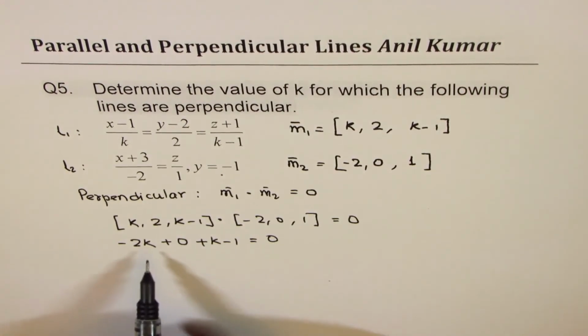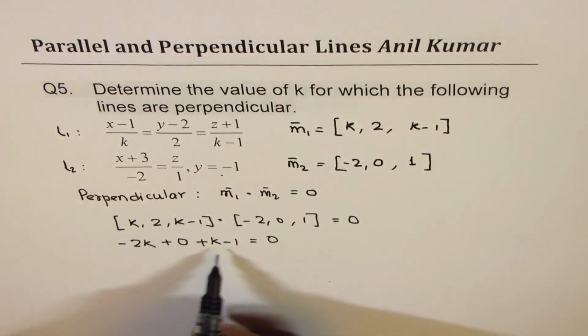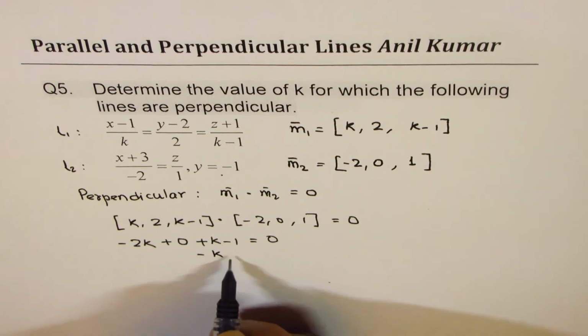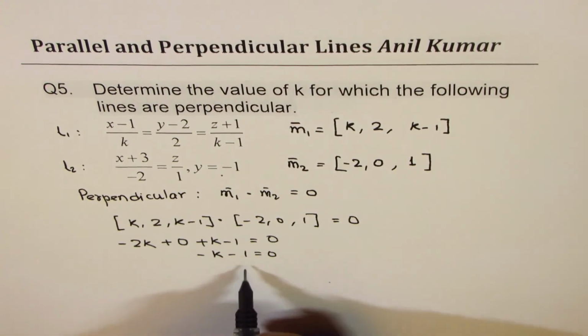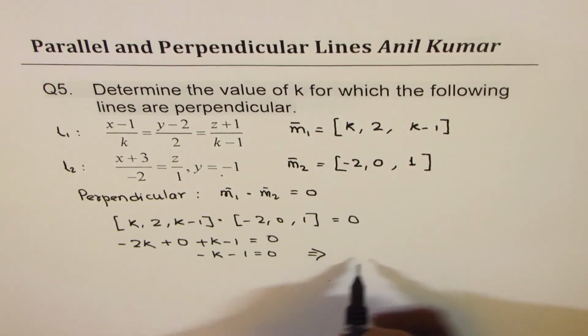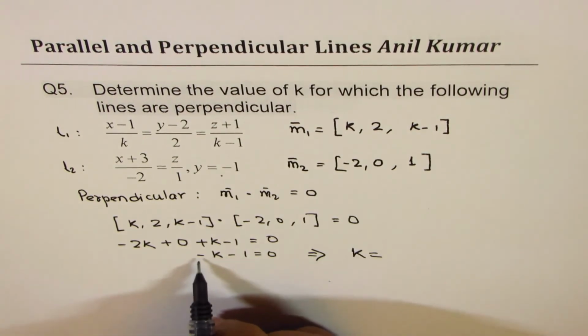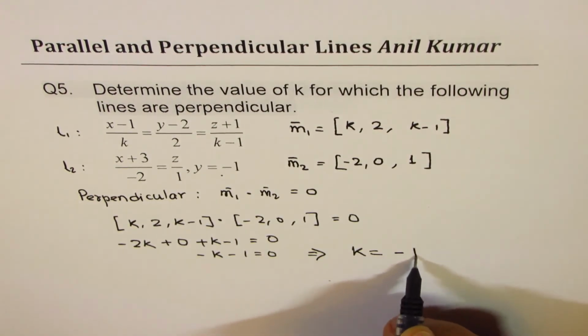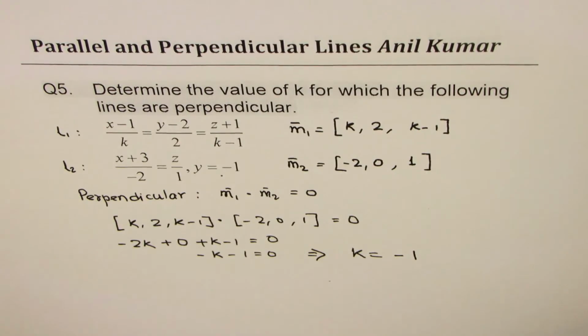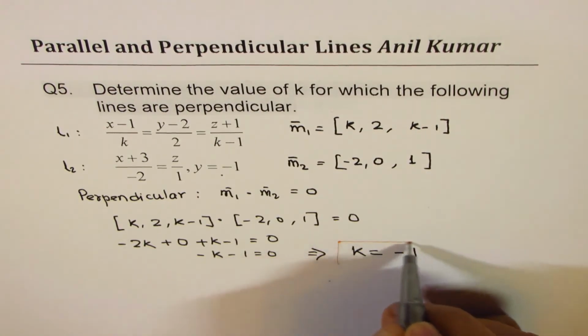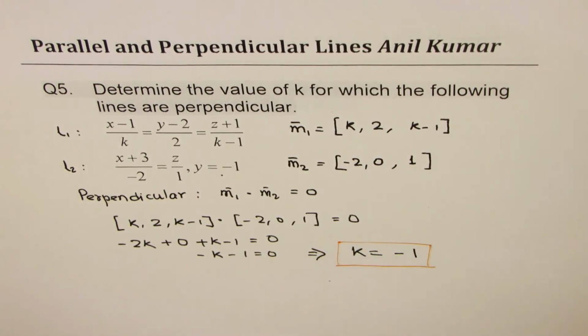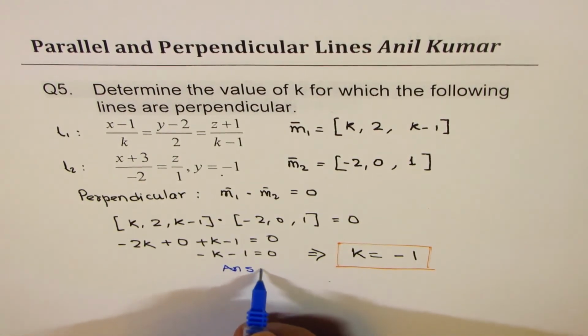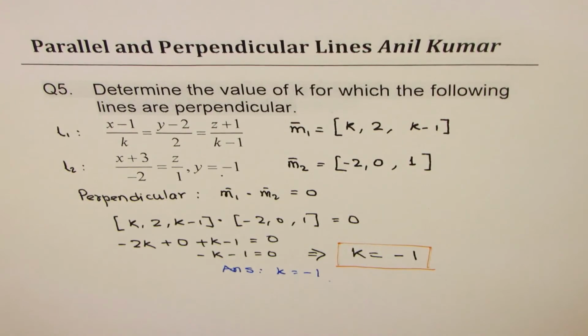So from here we get minus 2k plus k, which is minus k, minus 1 equals 0, or we get k equals, bringing k to this side, minus 1. So the answer is, for k equals minus 1, the two lines are perpendicular.